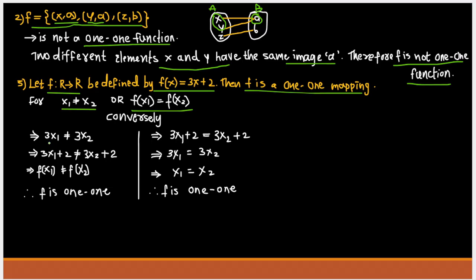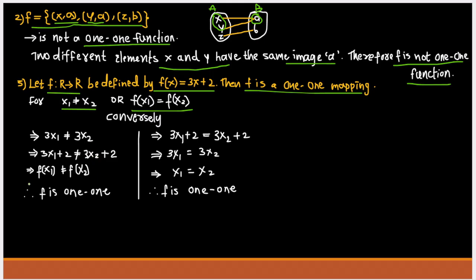So 3x1 is not equal to 3x2. We are applying this function to these elements. Then we add 2 to this 3x1. We get 3x1 plus 2, which is not equal to 3x2 plus 2. Now 3x plus 2 is nothing but f of x. Using x1 in the place of x, we can write the function as f of x1, which is not equal to f of x2, using x2 in place of x.